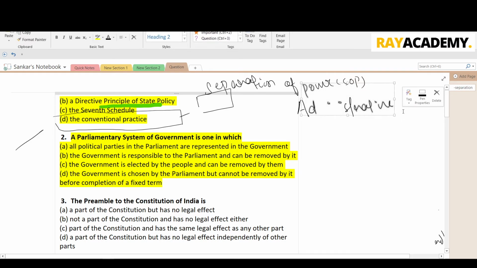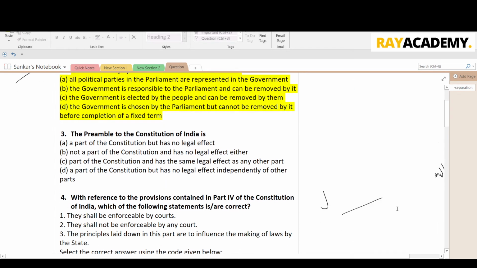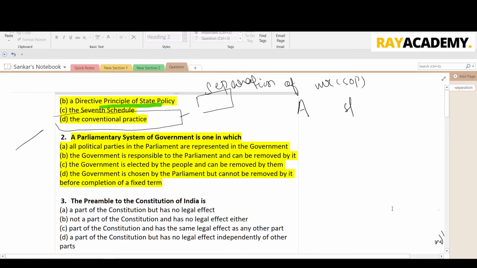Okay. Other students, please try to participate. Answer B. You are saying that the government is responsible to the parliament and can be removed by it. Yes. Other students.